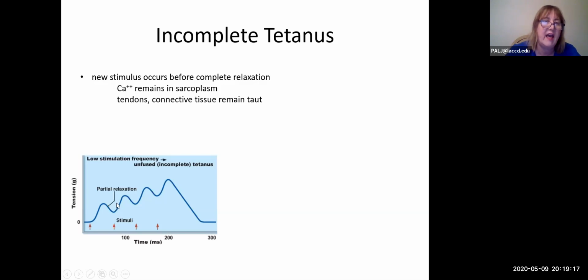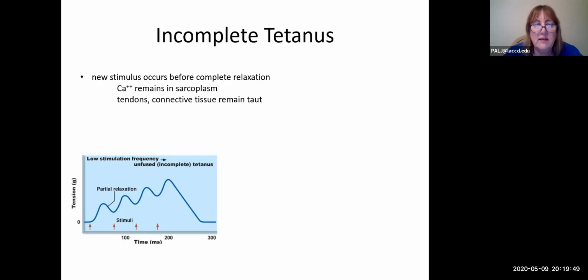So we are having calcium staying in the sarcoplasmic reticulum. So we're actually going to have wave summation occurring on this second one. And then when it is relaxing, we're having a third action potential. So we're having more wave summation happening. And then we're having a fourth action potential. We're having more wave summation. And so you see it's continuing to go higher and higher and higher.